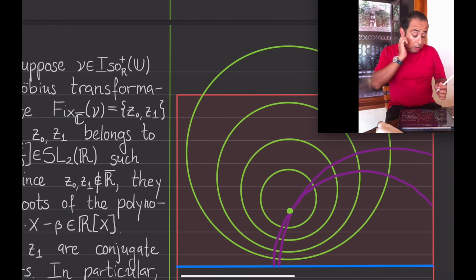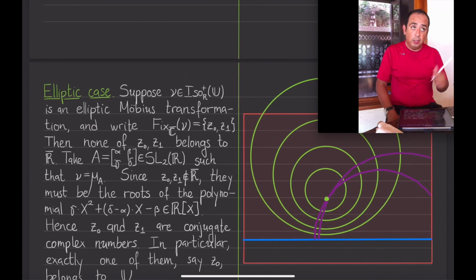Okay, what else? Notice if that angle is a rational multiple of 2 pi, depending on how you are parameterizing the circle, whether with the interval 0 to 1 or with the interval 0 to pi, the elliptic Mobius transformation has finite order, right?